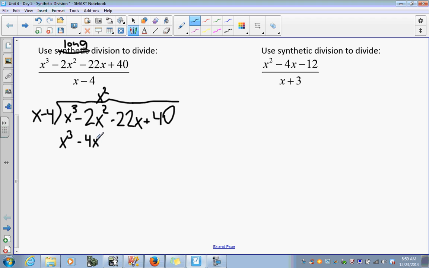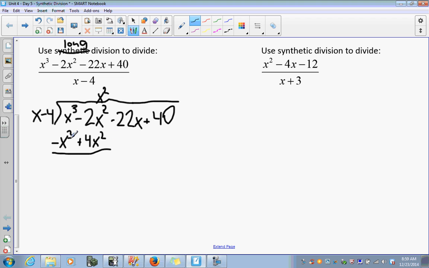Okay, now here's the part that you have to remember that some students tend to forget. After you have your answer, after multiplying here, you have to switch the signs of these here and subtract them. So here, this is a positive, this is going to be a negative. This is a negative, this becomes a positive. You must switch the signs in order to subtract, and here's why we do it.